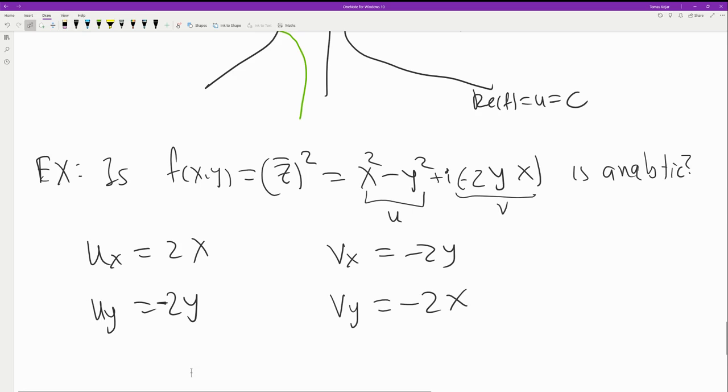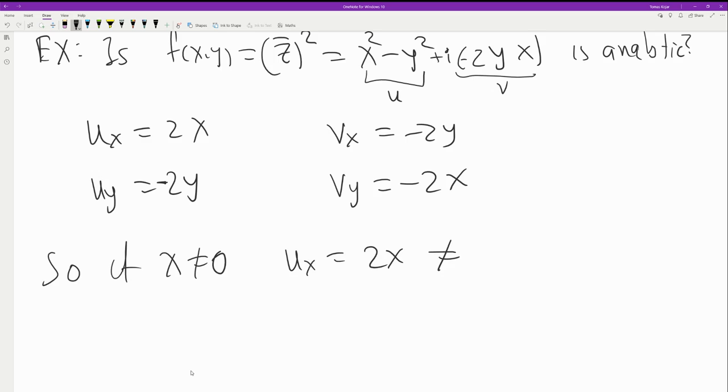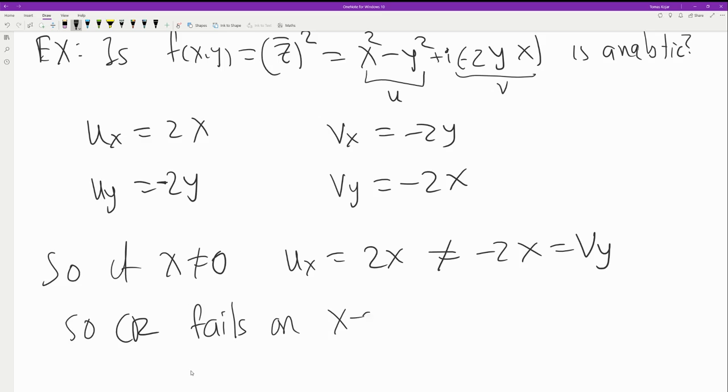Okay, so if x is not 0, u of x is not equal to v of y. So CR fails on x-axis.